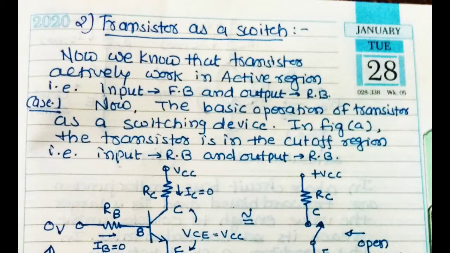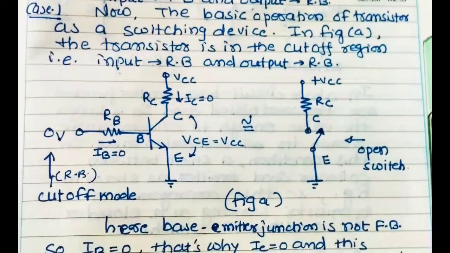Now we did the transistor working in the active region. Input is forward biased and output is reverse biased. Now the basic operation of the transistor as a switching device: in figure A, the transistor is in the cutoff region. Cutoff means the input and output circuits are both connected with reverse bias. So cutoff means 0 volt is applied, so IB is equal to 0.